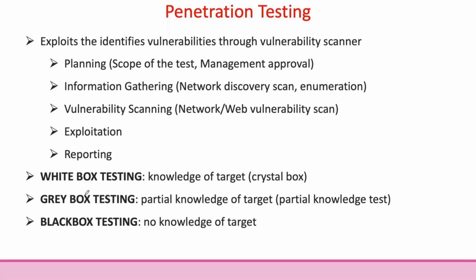You have gray box testing where partial knowledge is given, and then you have black box testing. It is most recommended. It is done from an attacker's perspective. It gives you the maximum information on the weaknesses, what kind of exploitation can be done.